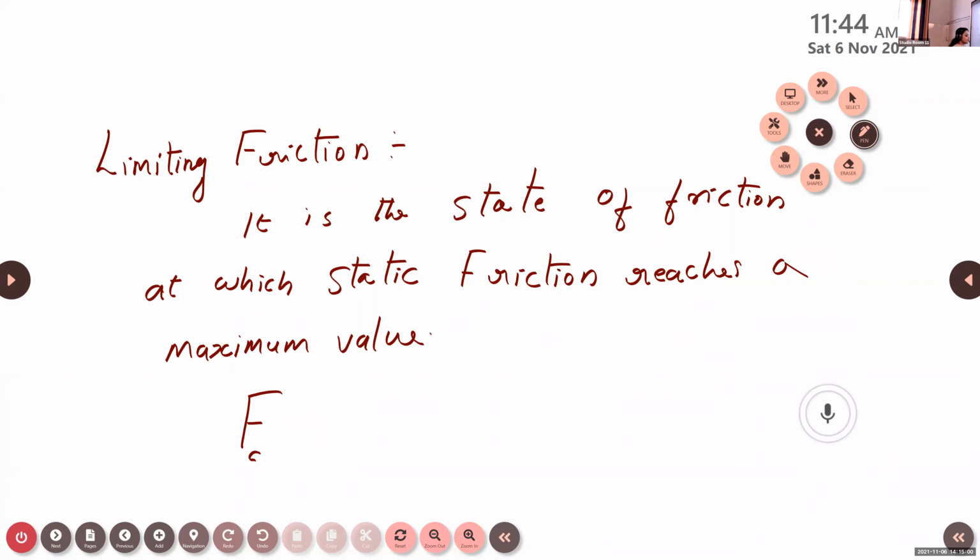The maximum value of static friction is denoted like this. Fs is for static friction. If it is maximum, Fs max. So this Fs max is the condition for obtaining the limiting friction.